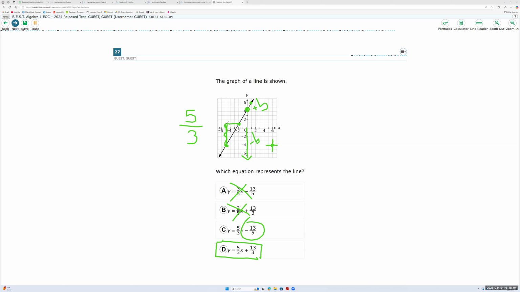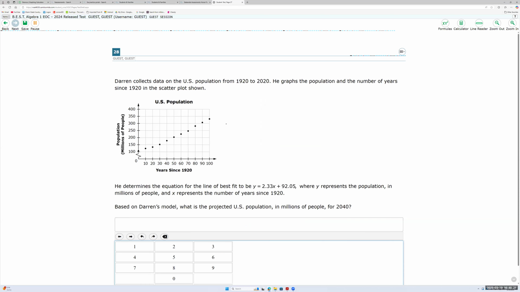So it's D. And we didn't have to make any calculations except to count the rise and the run, choosing 2 good points. Pause if you have to. You know the deal. By now, I am going to choose D. Click next to 28. 28 is another question I'm going to skip, along with number 7.